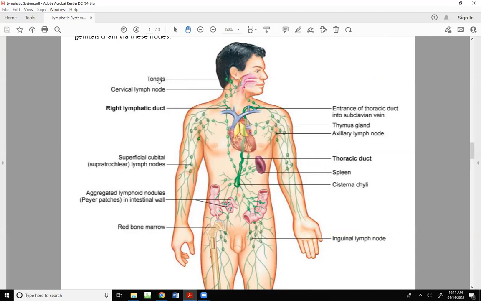So don't worry about that, but do highlight the cervical lymph node that's labeled, the right lymphatic duct, superficial cubitals, the Peyer's patches that are labeled here, the red bone marrow, the thymus, the axillary nodes, thoracic duct, the spleen, the cisterna chyli, and the inguinal lymph node.